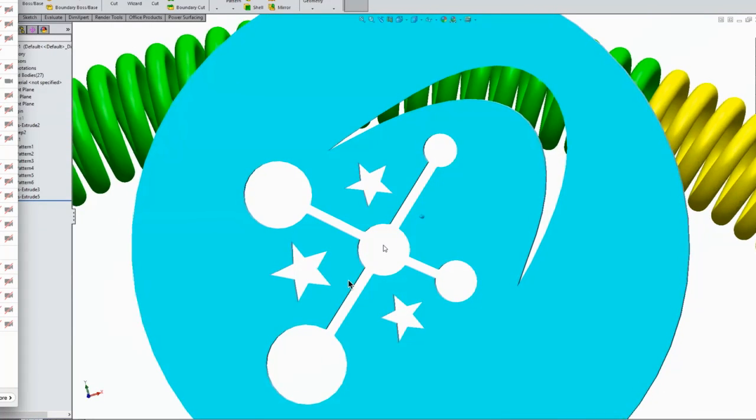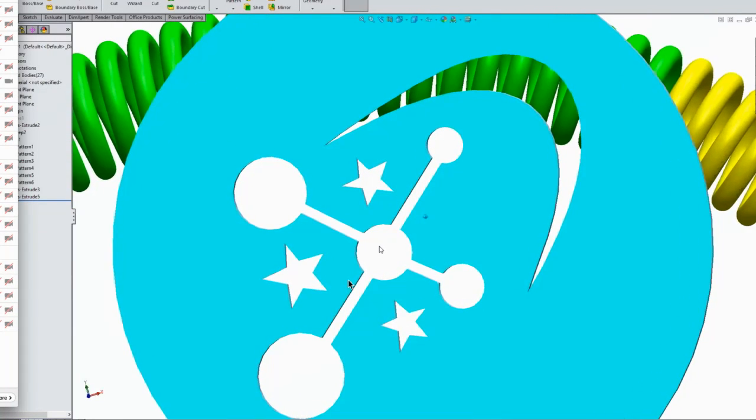Nitrogen. Nitrogen in the center. Hmm. I would think this would be oxygen, hydrogen, carbon, nitrogen. Which one is bigger, carbon or nitrogen? I think it's carbon. Nitrogen is bigger. Nitrogen is 14, carbon is 12. Oh, okay.